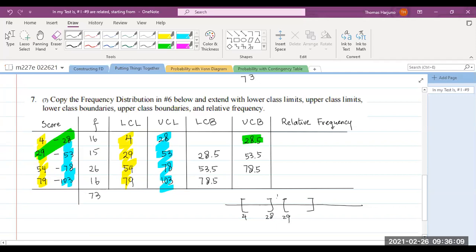Then the boundaries are between. Now you see that from upper class limit to upper class boundary, that's 0.5 units. Using that idea, you extend to the left, which gives you the lower class boundary for the first class. So you subtract 0.5, you get 3.5 here. Using the same idea, you get 103.5 here.